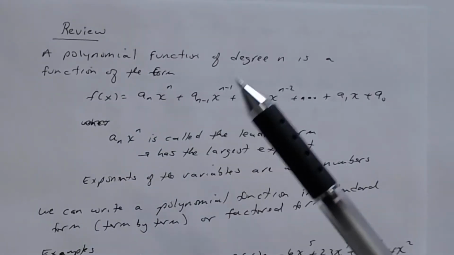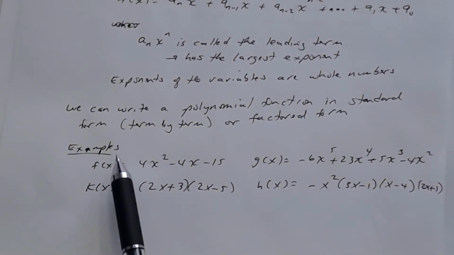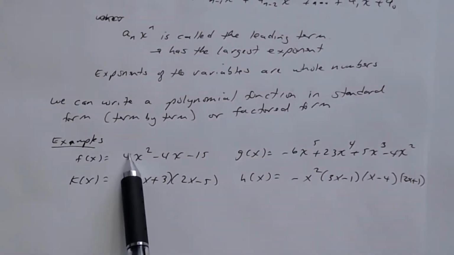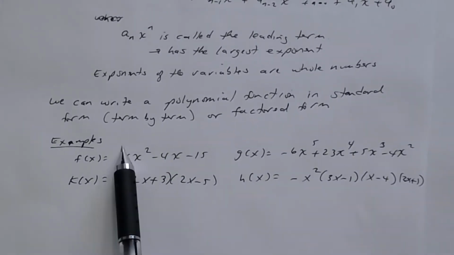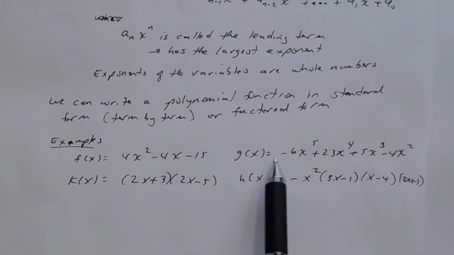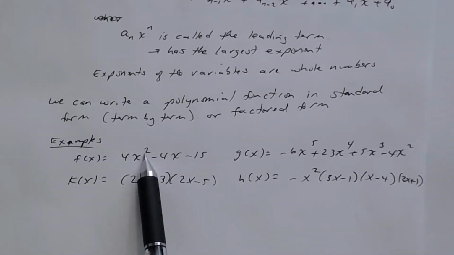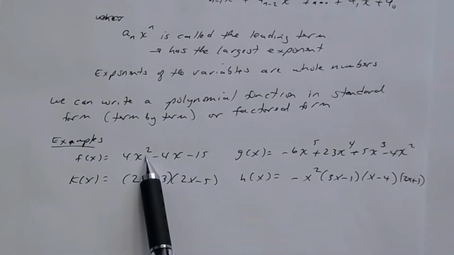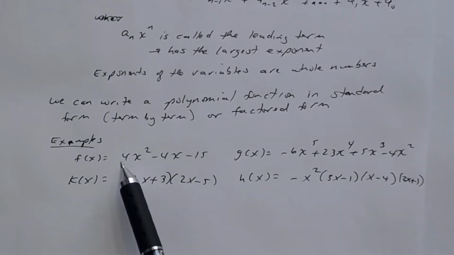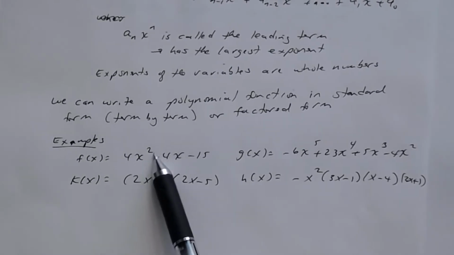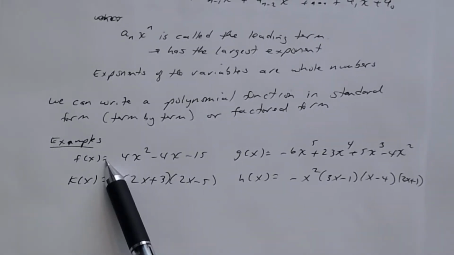Notice though that in the examples we're going to look at, some of them will be in standard form, where it's listed term by term. And notice that the polynomial functions that are in standard form are in descending order. So if you look at this term here, the 4x squared, that's the leading term of this polynomial.